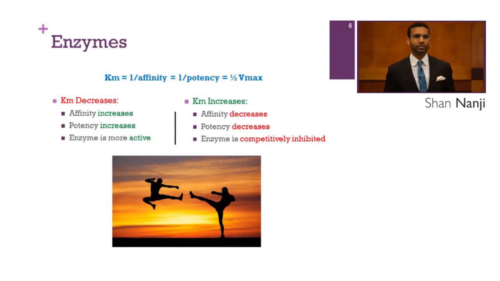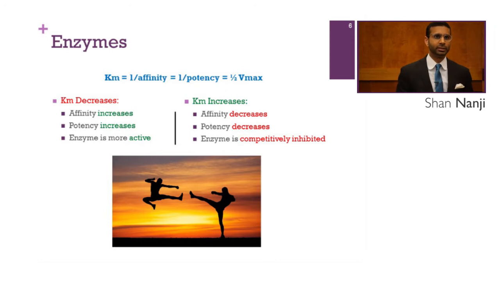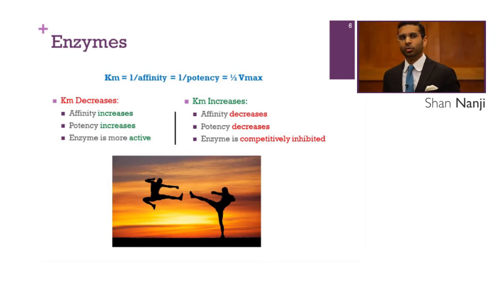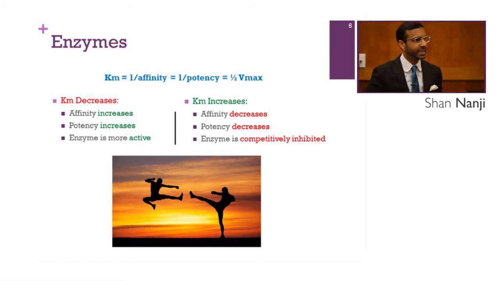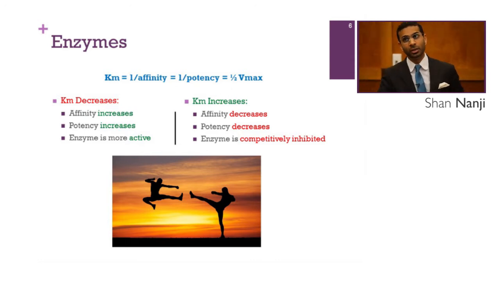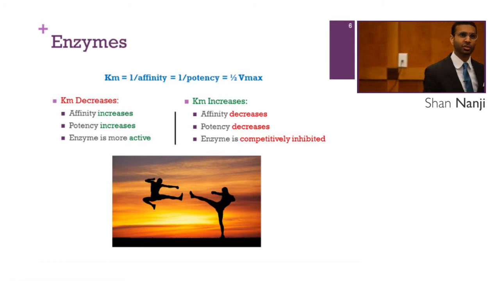Enzymes. So let's talk about Km and what happens if it decreases or increases. Km has an inverse relationship to affinity. That means if Km goes down, affinity goes up. But if Km goes up, then affinity goes down. So it's an inverse relationship.